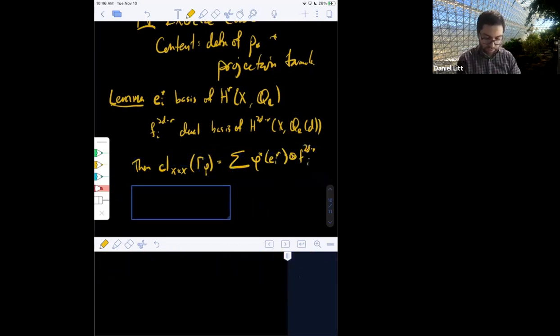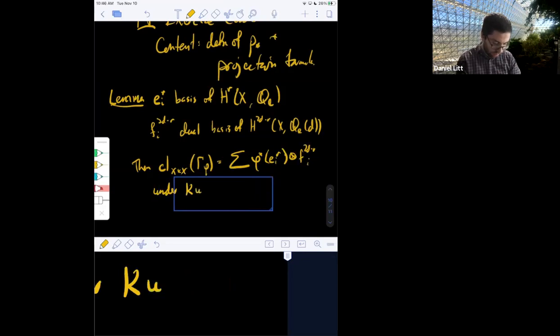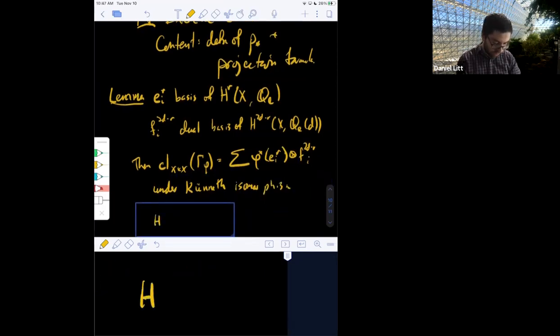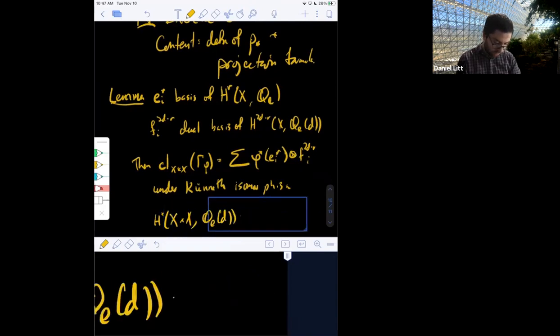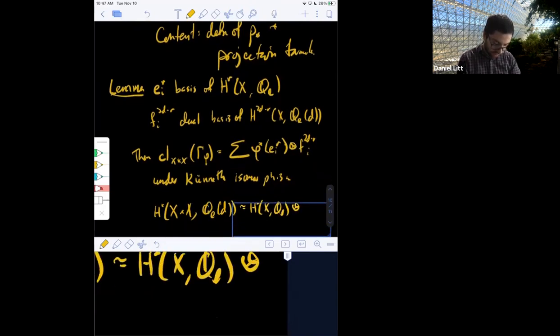So here this is under the Künneth isomorphism H star of X times X, QL of d, with H star of X, QL tensored with H star of X, QL of d.